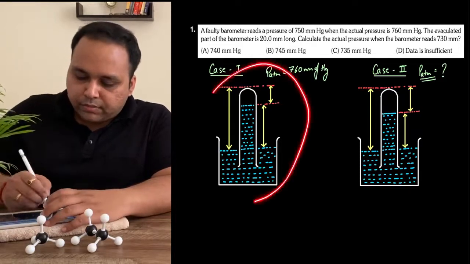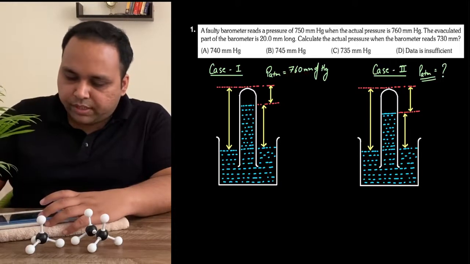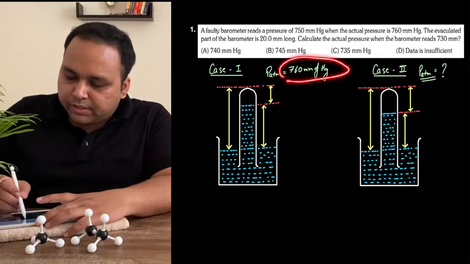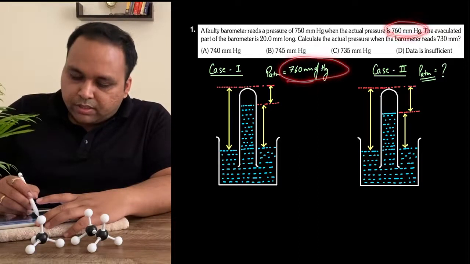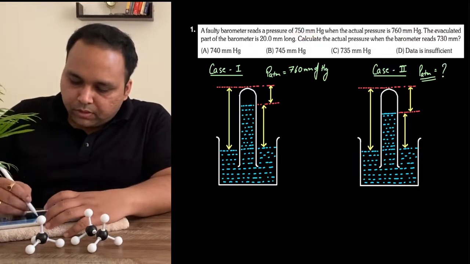So for case 1, when the actual pressure was 760 millimeters of Hg, let's try and mark various data points that we have. So here you have the actual pressure is 760 as given here. The faulty barometer reads 750. That means the reading or the height of mercury is 750 here.